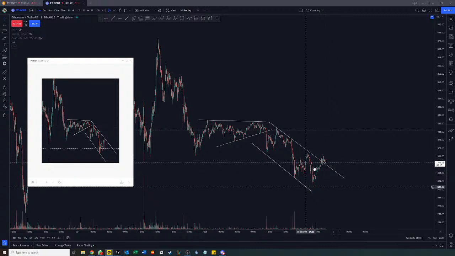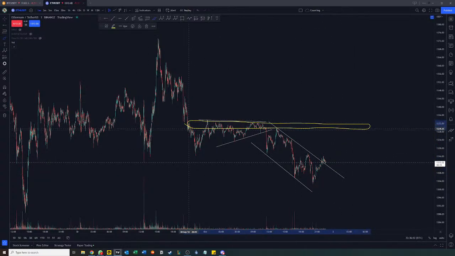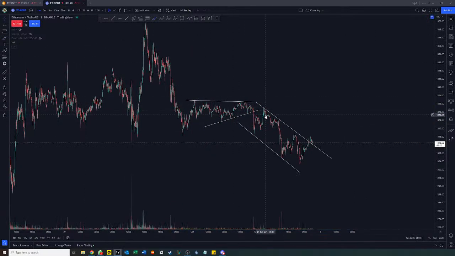Now it's going upwards, and I expect this to go up at least to this area, but who knows how far it will take.